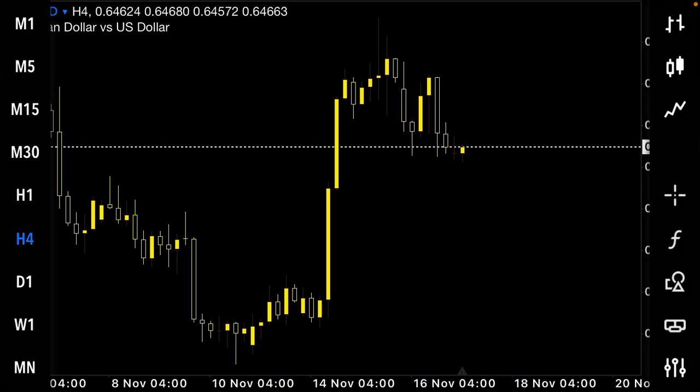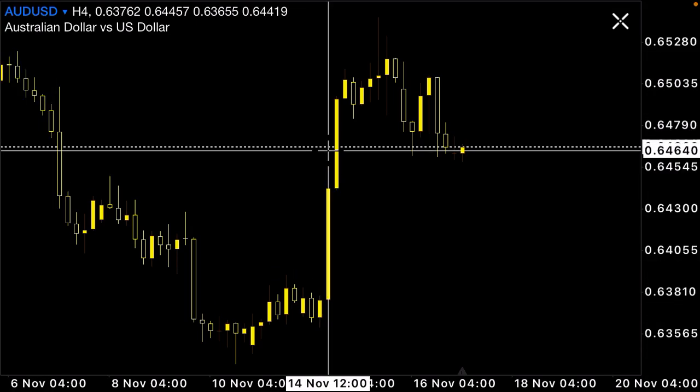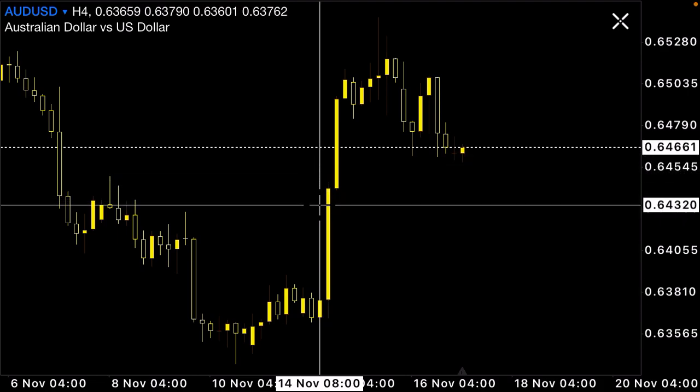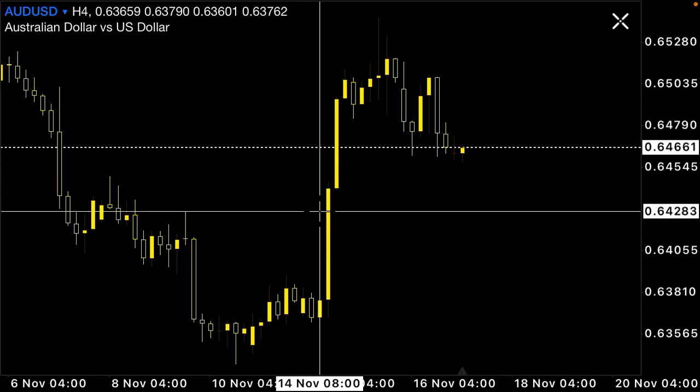So it's gonna come down like this to this support down here, where everything's all jumbled up on the left. So this should come down all the way down to there. So that would be a feasible trade to get into.